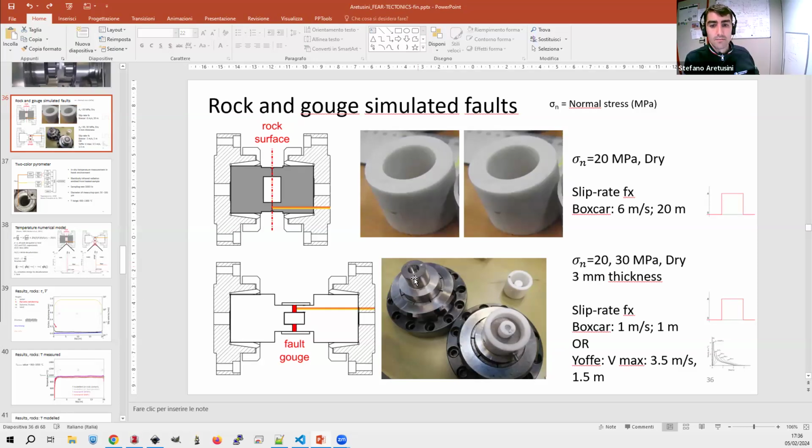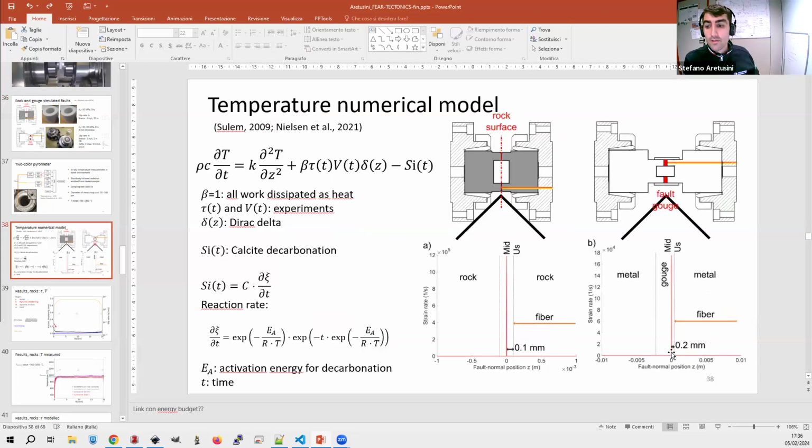Is this some sort of trick we used in this case to ensure the localization occurred? Because in fact, I ran several models in which I changed the position of the heat source across the gouge layer.